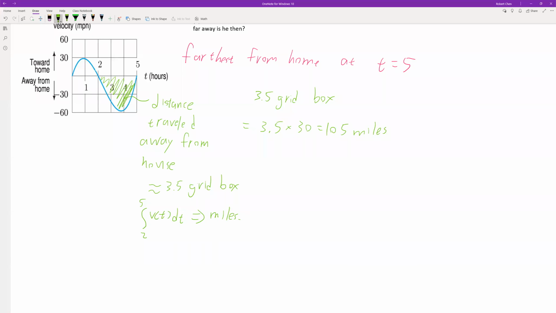So after he stops and turns around, he traveled 105 miles away from the house.